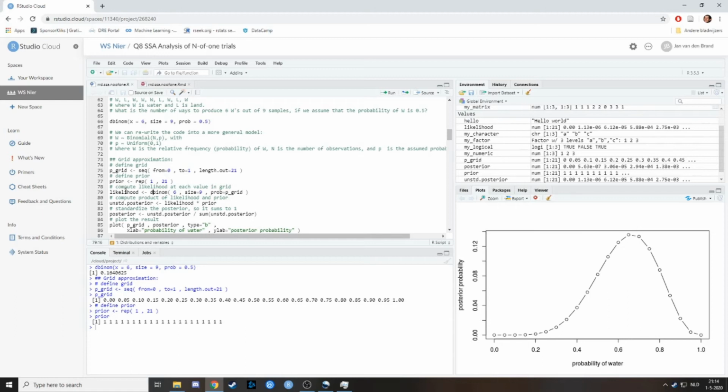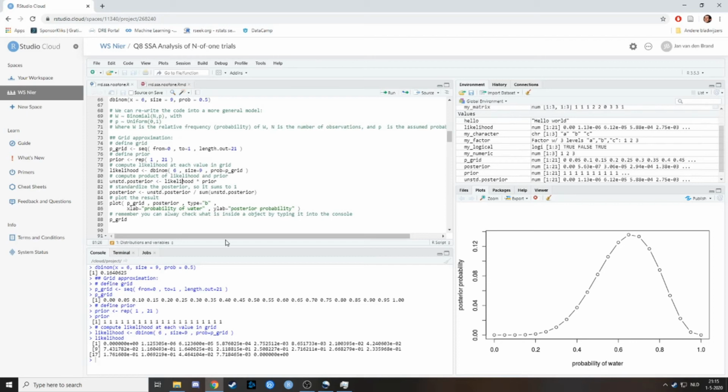Okay, so we combine this search grid, where we try each of these values, with the data that we've seen, so 6 times water out of 9 tosses, with the binomial distribution to create a likelihood. Again, this is just a vector, so we see what's inside this, and we get a whole bunch of numbers.